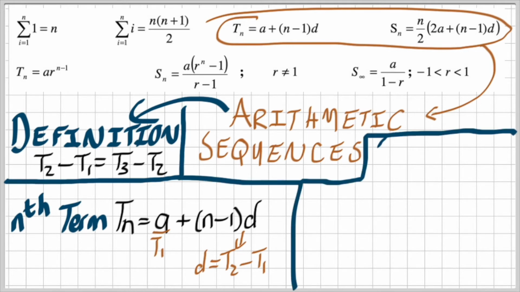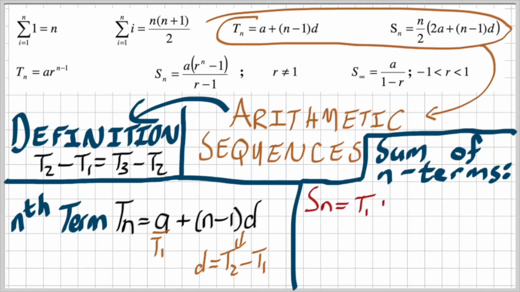Then as well, you have the sum of n terms, specifically the first n terms, not any n terms, so you can't use this formula to directly add the 30 middle terms, T10 up to T40.